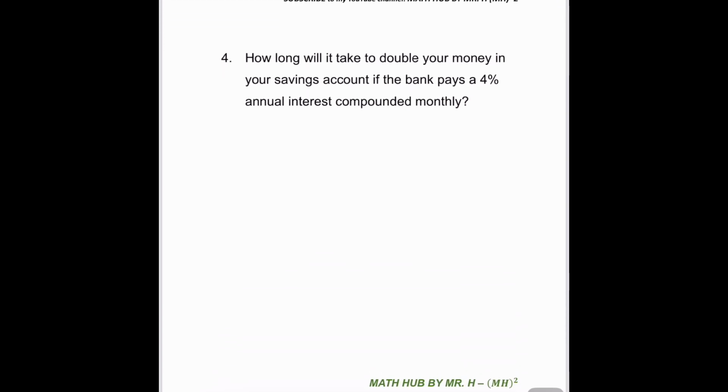How long will it take to double your money in your savings account if the bank pays a 4% annual interest compounded monthly?